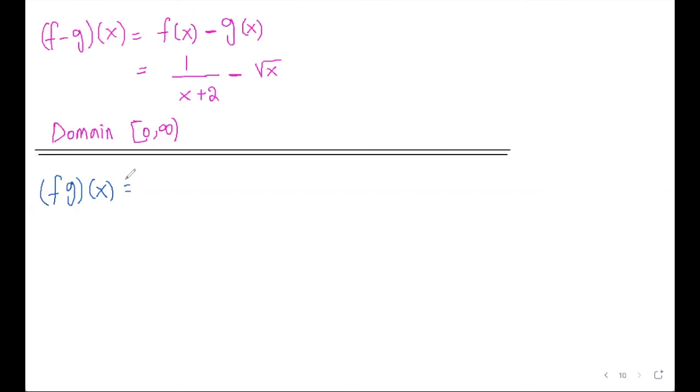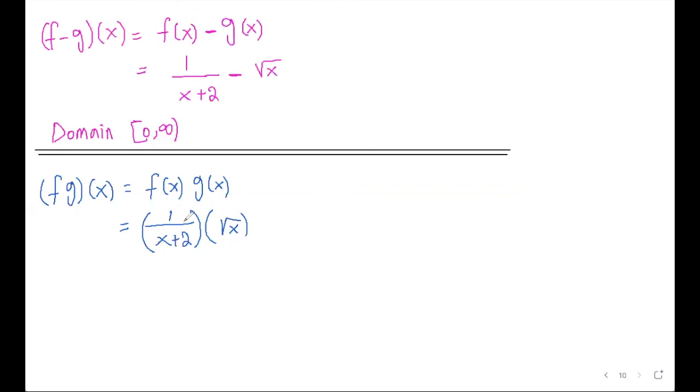F of x times g of x? Yes, nice. So this equals f of x times g of x. F of x is given here as 1 over x plus 2, times g of x, which is the square root of x.